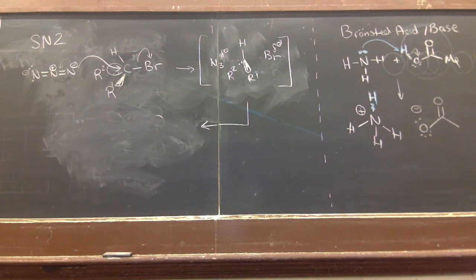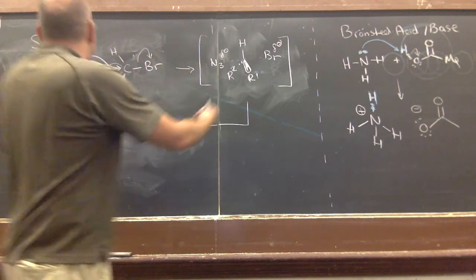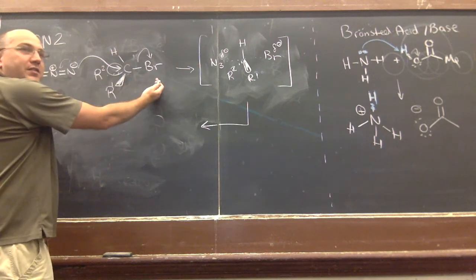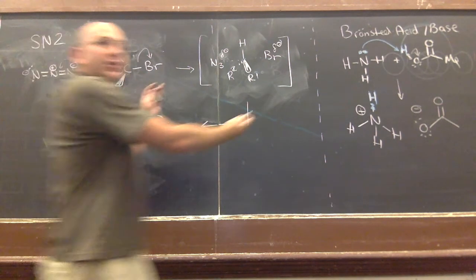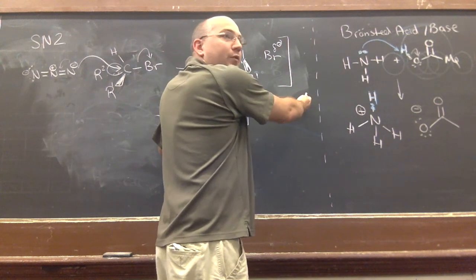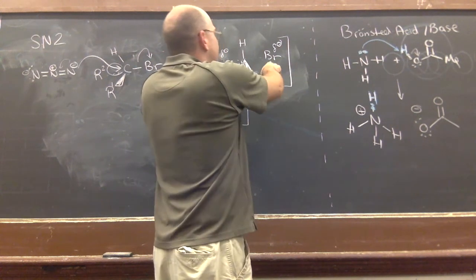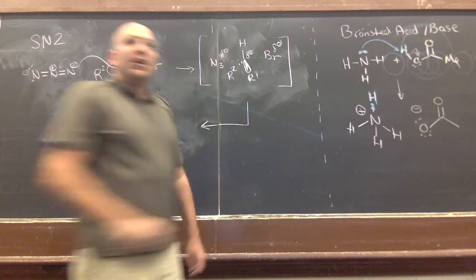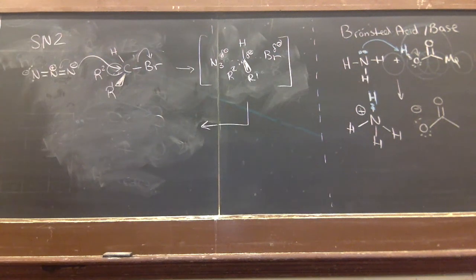This is something really important that you recognize: you can't disobey conservation of mass, you can't disobey conservation of charge. This overall system here is going to have a -1 charge to it. You've got negative charges here and here. You probably have a little bit of delta positive charge in there as well.